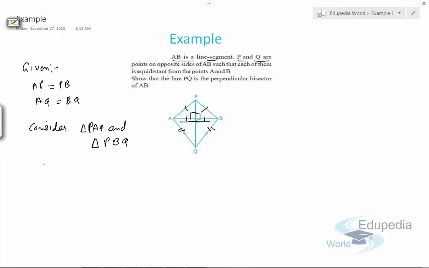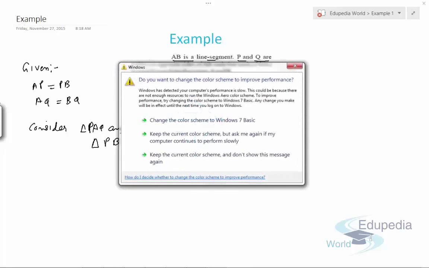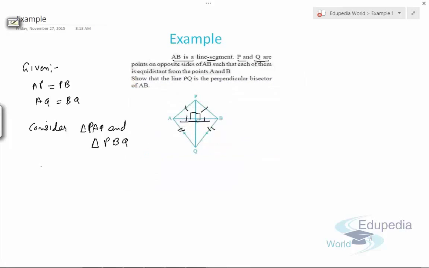Okay, so let's first prove these two triangles congruent, and then see what we can get from these two triangles. To prove two triangles congruent we need three criteria. First is AP equals PB, which is given.